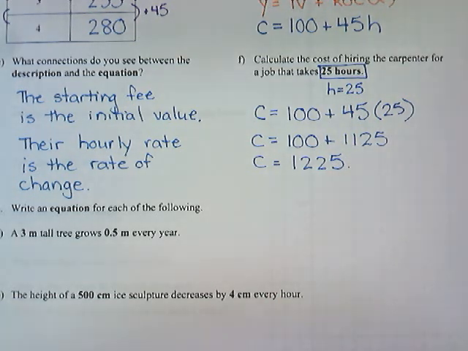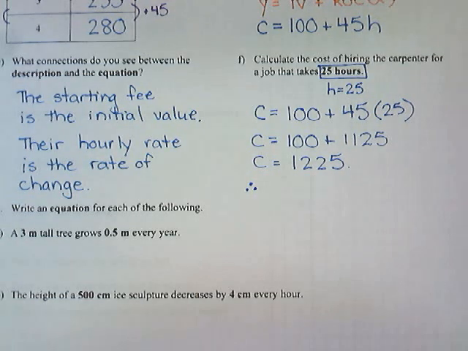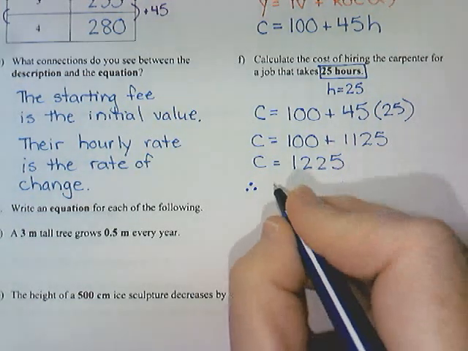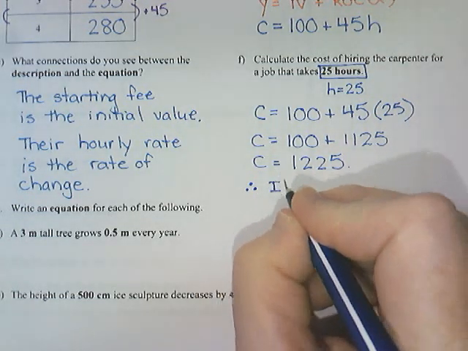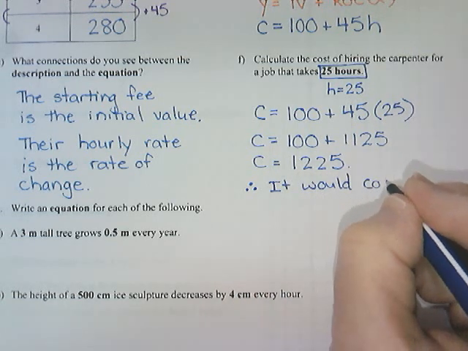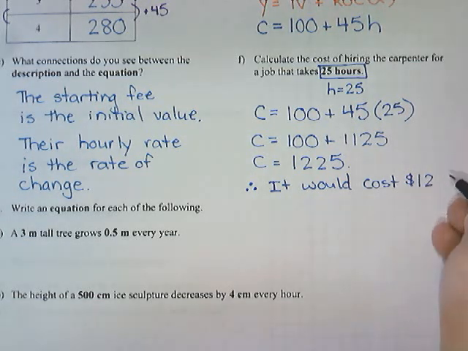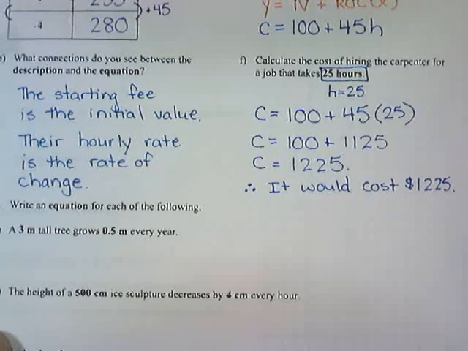I would like to write a very short little therefore sentence, so I make that therefore, that triangle of dots. I'm going to say it would cost $125. No, $1,225. Sorry about that.